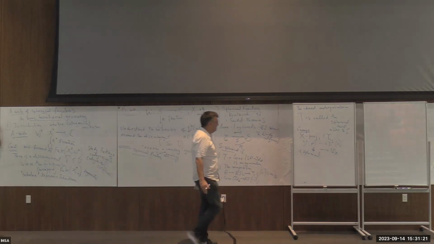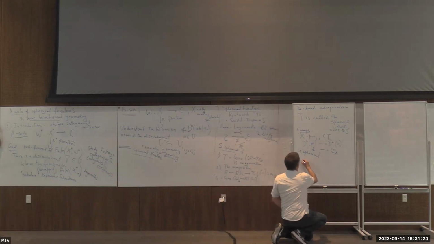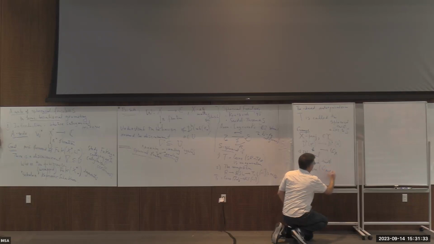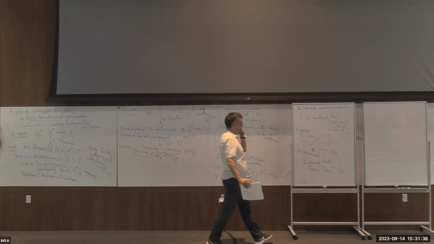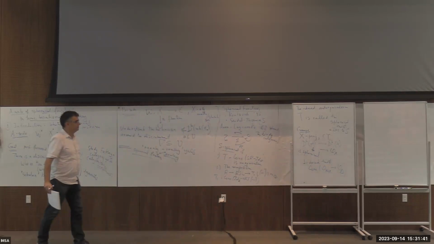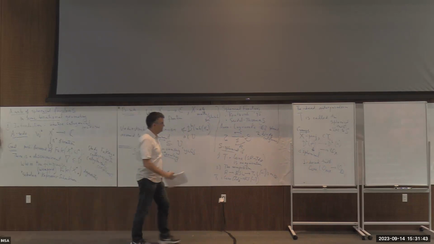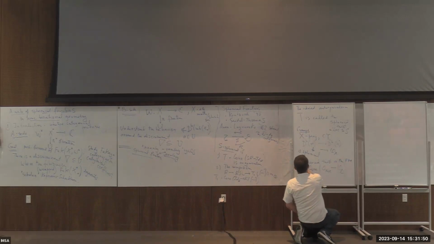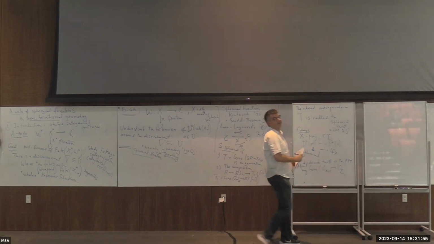And the induced twist is the cone over the restriction to the diagonal of the structure sheaf on X cross X. So the induced twist is the Fourier-Mukai functor defined by this object.